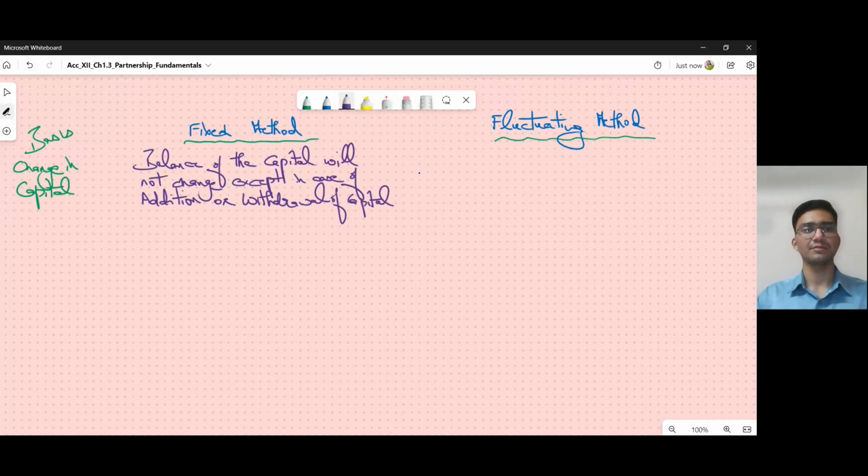All right, so the balance of the capital will not change except in two cases. One is addition of capital and one is withdrawal of capital.